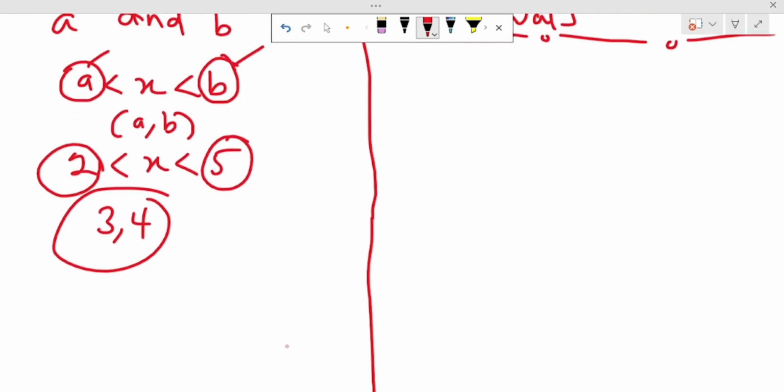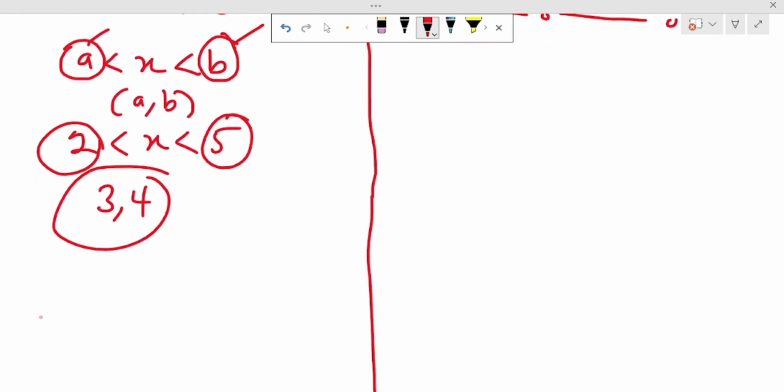Now, when we talk about a closed interval, it includes the endpoints, that is the boundaries. It includes the lower and upper boundaries. So for that one, using the same example, we write it as 2 is less than or equal to X, which is less than or equal to 5. So for this, it includes 2 and 5.